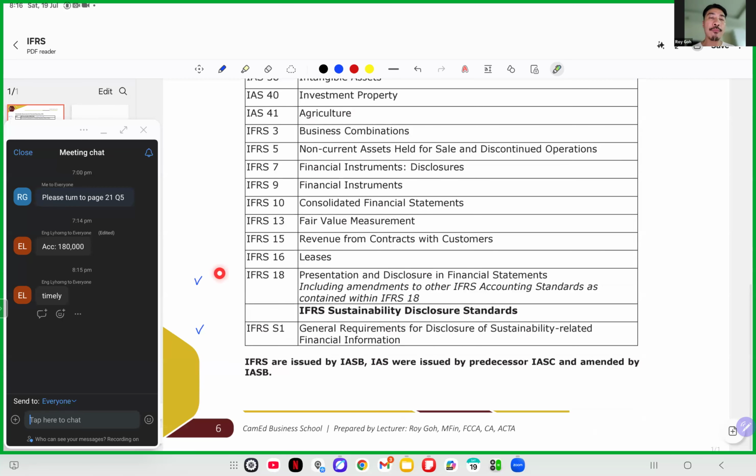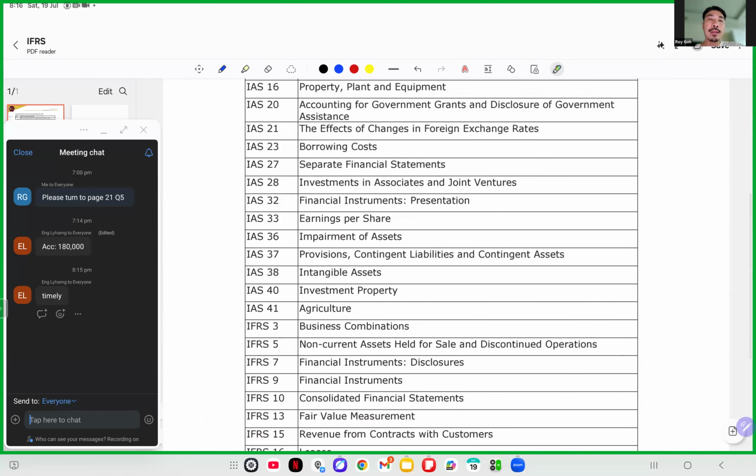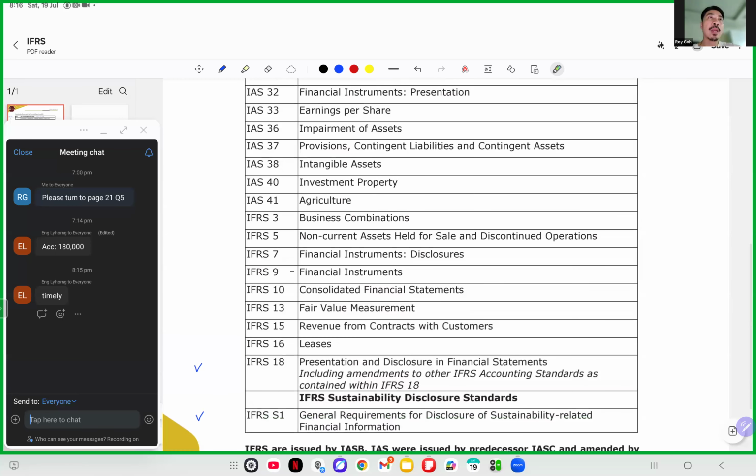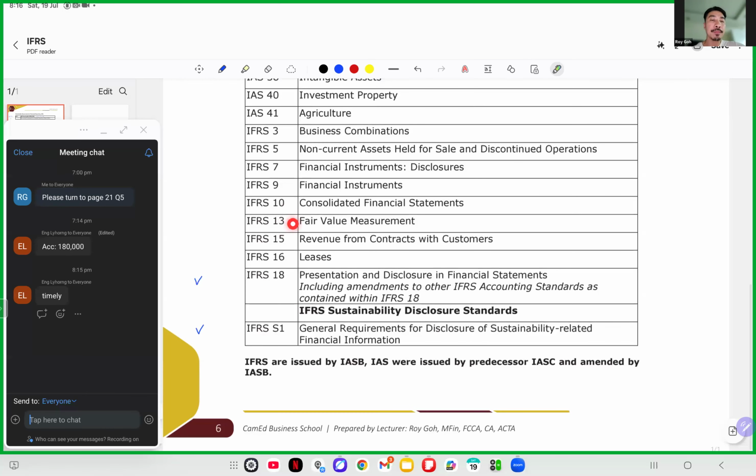When you prepare financial statements, you follow IFRS 18. And I went on to talk about sustainability, which is something new. So now, I would like to measure the word in the framework. Chapter 6 shows the word fair value. And you have an accounting standard that measures fair value.